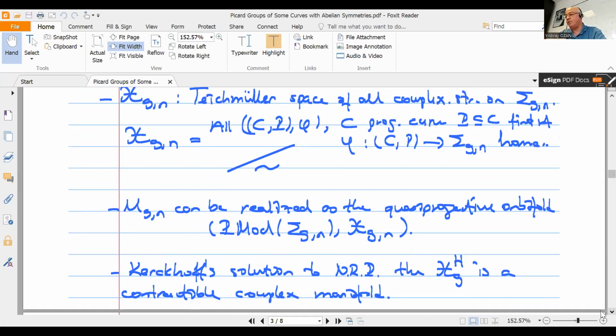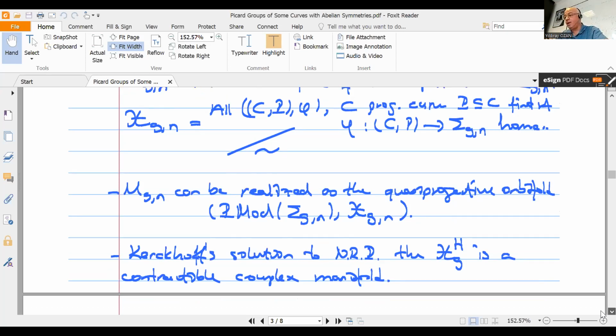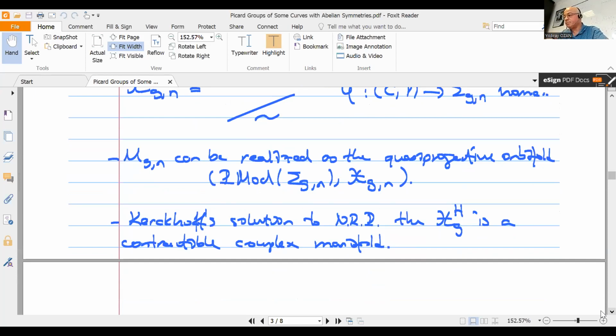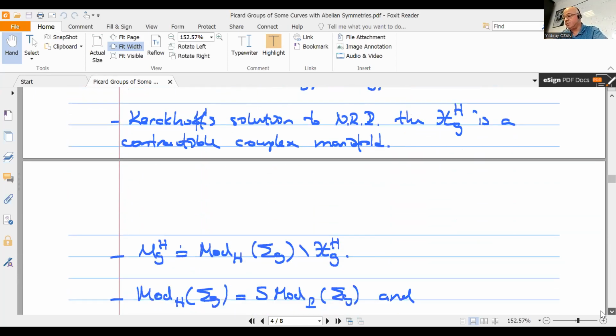Each curve is homeomorphic to Sigma_{g,n}, and if there's a homeomorphism which sends one to the other, then we consider them to be the same. And this quotient again is a model for the moduli space.